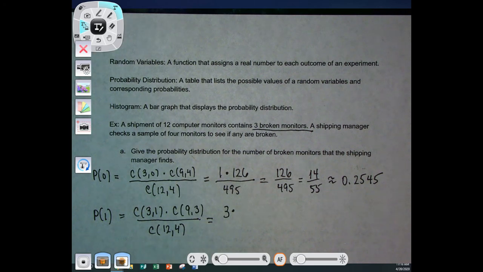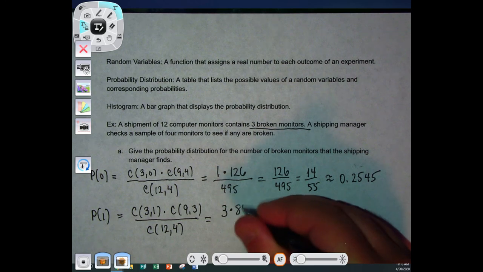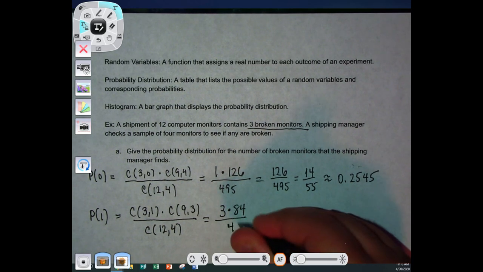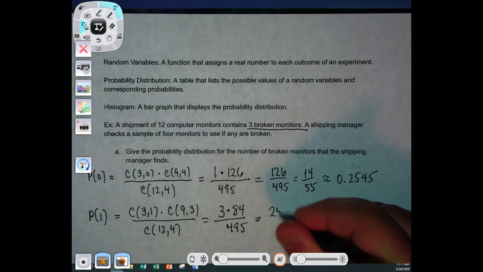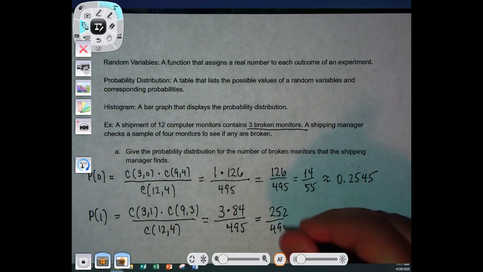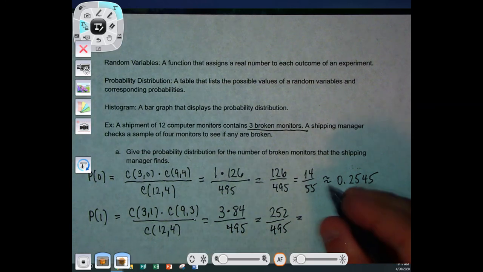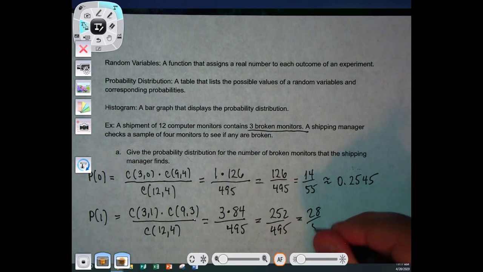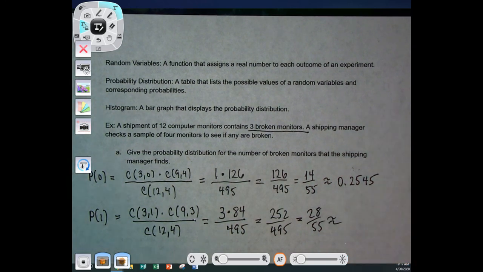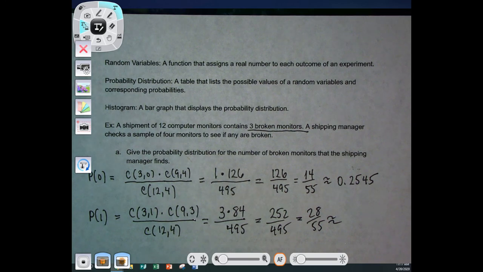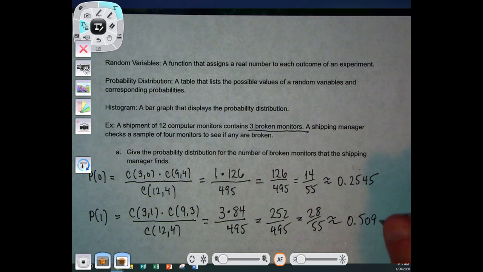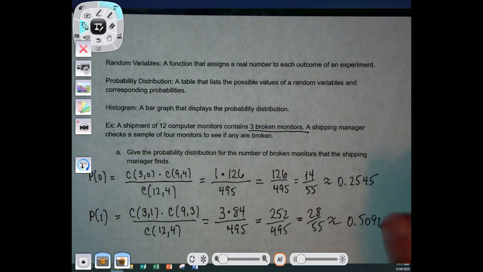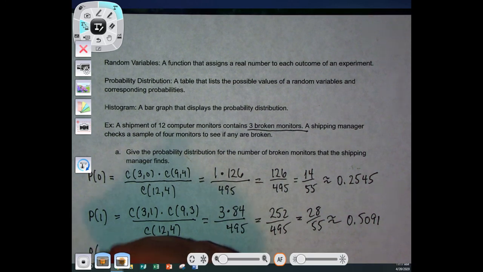And again, I'm using my calculator to do all these calculations for me. So we end up with 252 over 495, which is equal to 28/55, which is approximately equal to 0.509091. Then we're going to repeat the process for 2 and 3.